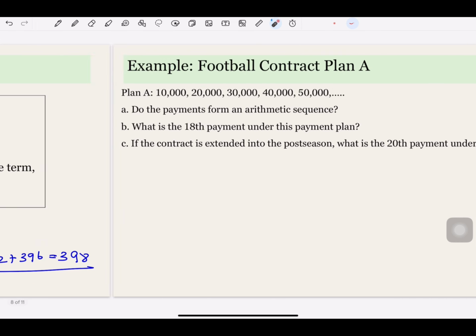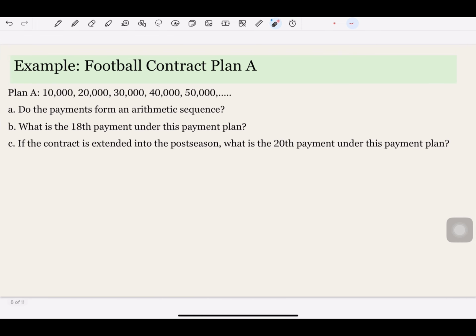Okay, so let's try some more examples. Let's say you have a few numbers here, and you are asked to determine whether this sequence is arithmetic or not. If it is arithmetic, you should be able to get a common difference.